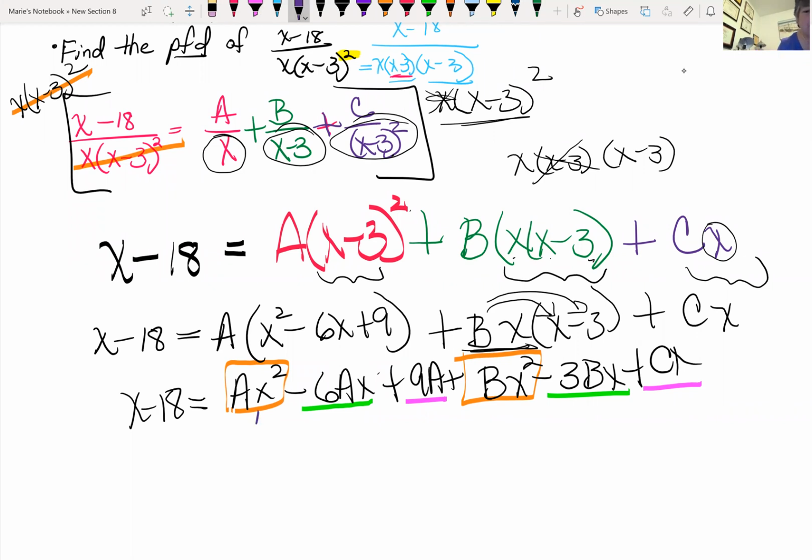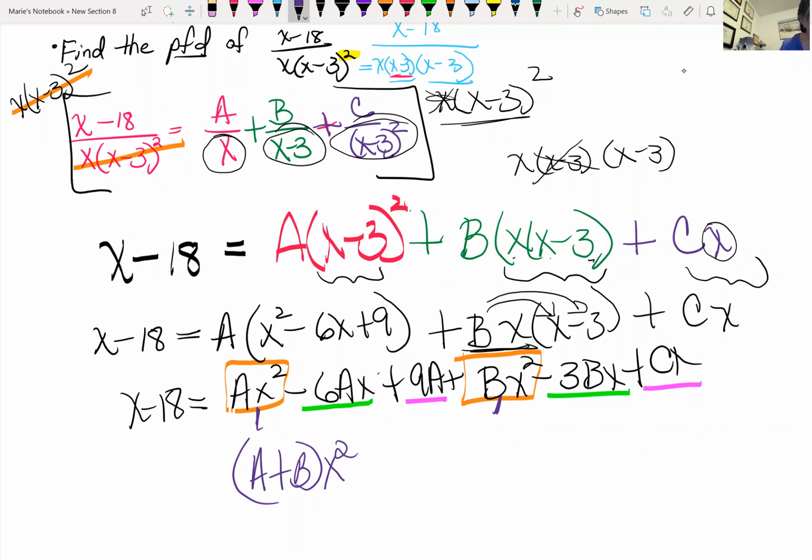So these guys, this one and this one, are now a plus b, and then this is the x squared part of the formula.